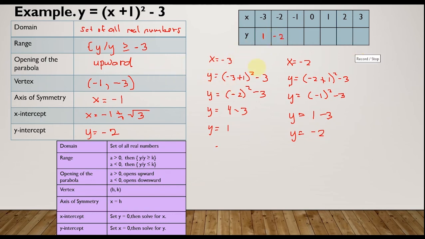Now continuing this process, you'll get the following values. For negative 1, this is going to be negative 3. For 0, this is negative 2. For 1, this is 1. For 2, we have 6. And for 3, you'll get 13. Then using the following values, we can now graph the following on our Cartesian plane.